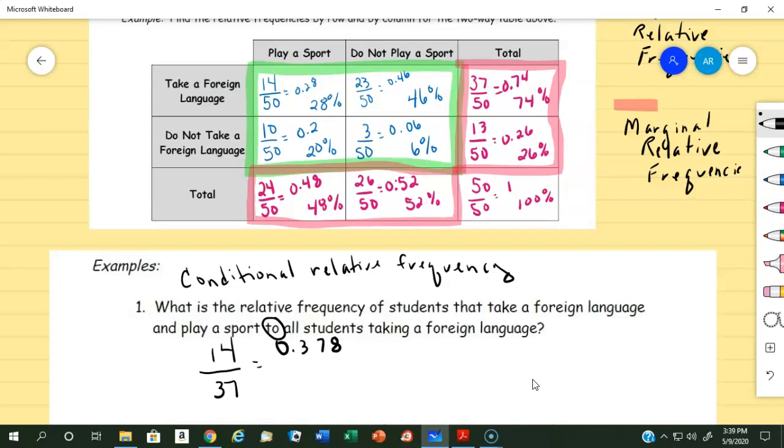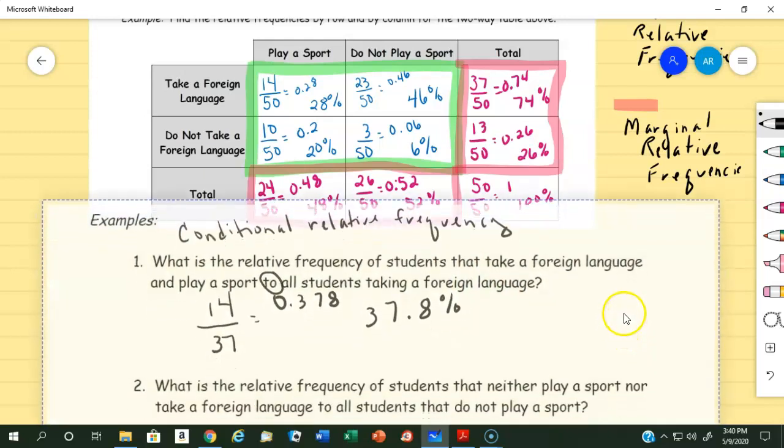So we're just going to go ahead and truncate it there. So then I'm going to multiply that by 100, and I get 37.8%. So this is very different than this 28%. This 28% here is based on the total. This conditional relative frequency is based on the fact that we're asking only in relationship to those people who are taking a foreign language, and there's only 37 students taking a foreign language.